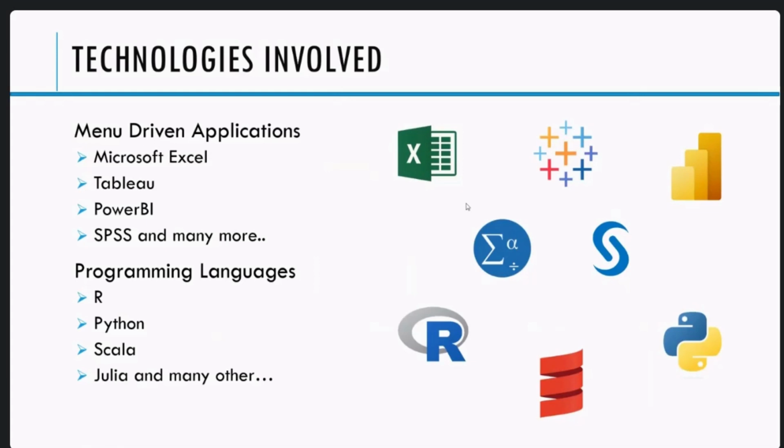That's why nowadays programming languages are offering the most robust application development in the area of data analytics. So, what are the programming languages involved in data analytics? They are R, Python, Scala, Julia, then Java, and many other programming languages.